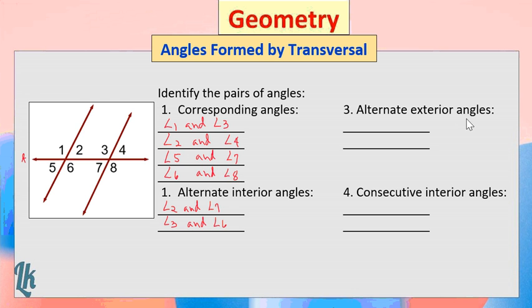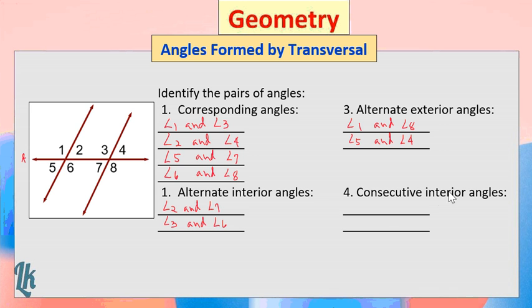Next, we have the alternate exterior angles. These are the angles that are located in the exterior, which means they are not between the two lines. They are on the opposite sides also of the transversal, and they are not adjacent. For example, we have angle 1 and angle 8. And then next, we have angle 5 and angle 4.